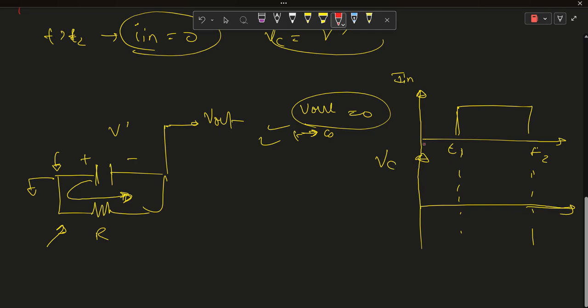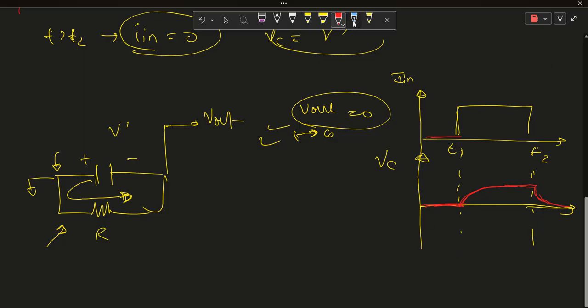In this time frame the capacitor voltage is zero, but when we hit T1, the capacitor voltage starts rising exponentially, like this. But when we hit T2, the capacitor starts discharging like this.